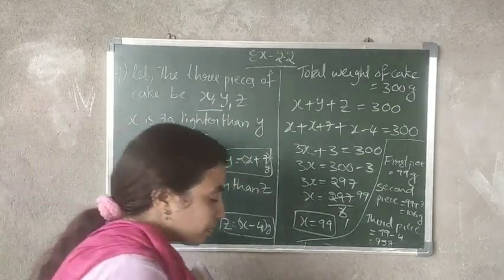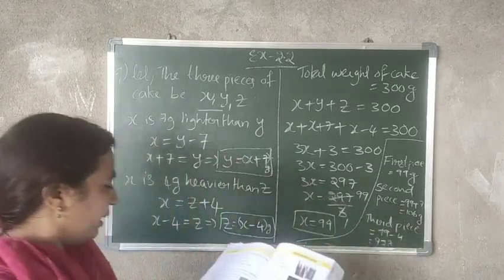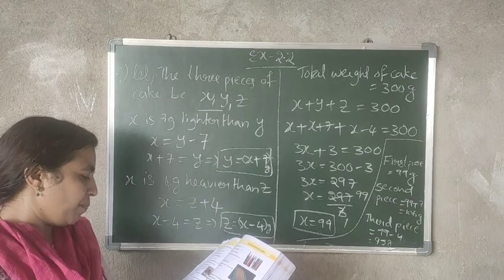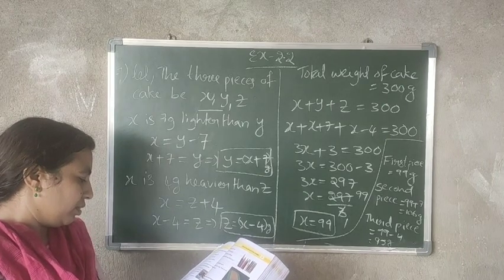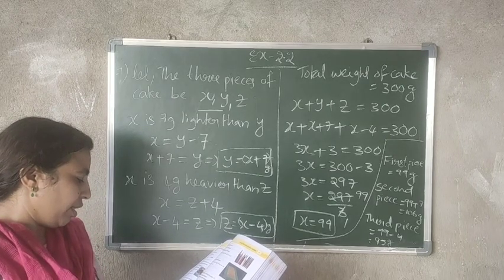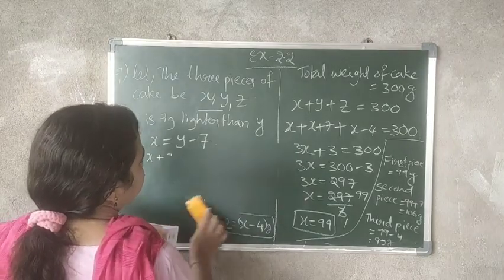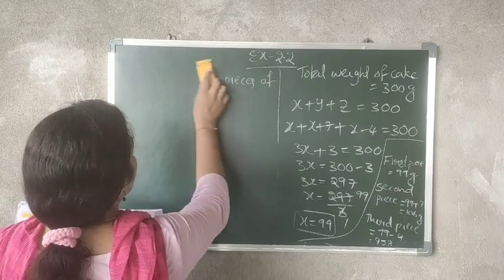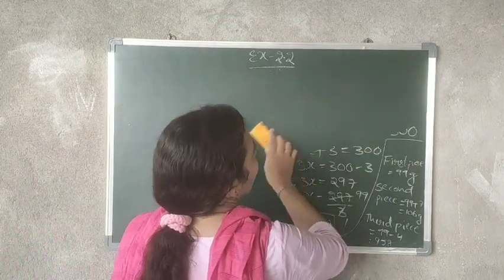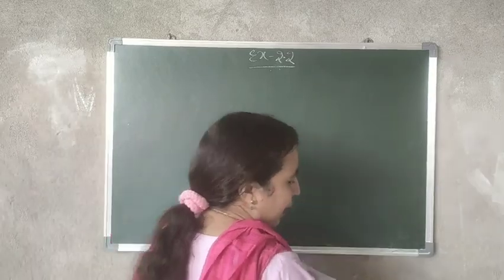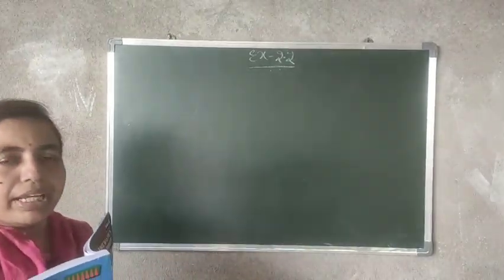And then 8th, I think already I have given you homework. 8th, 9th and 11th. 11th and 13th also I have given you homework. 14th one also homework for you. 14th is same like example 10.